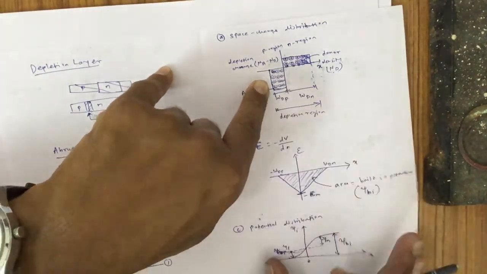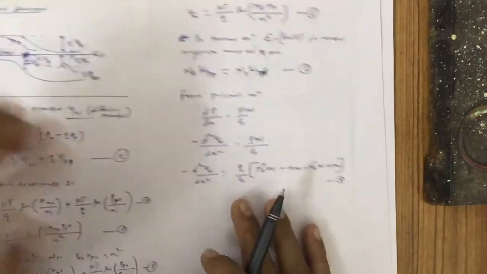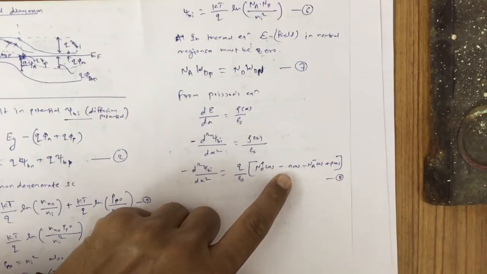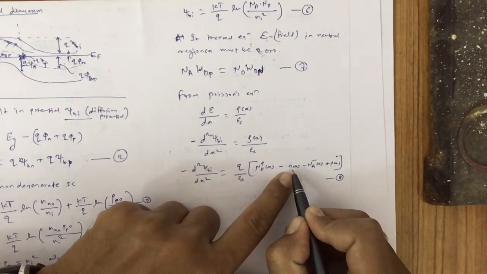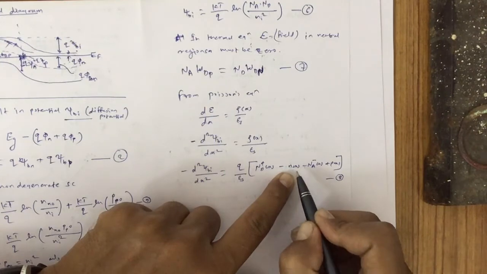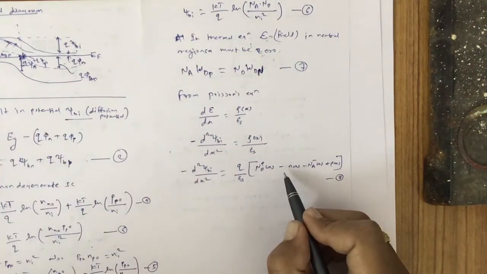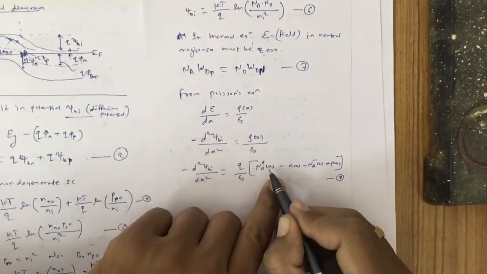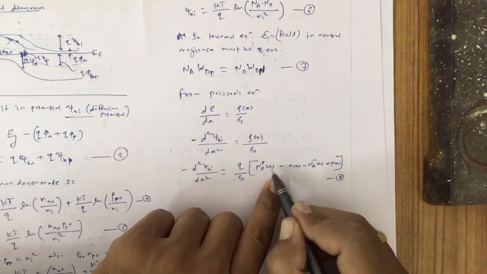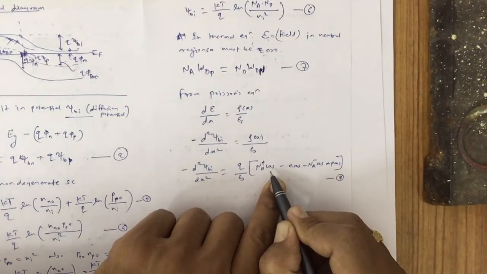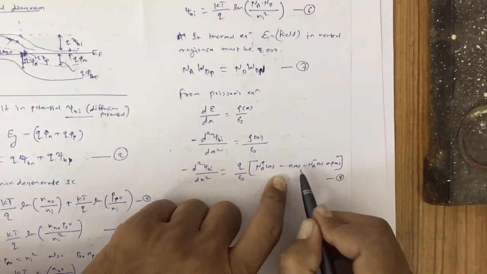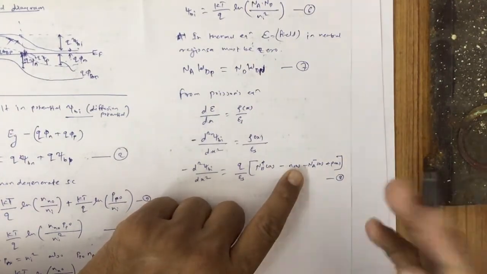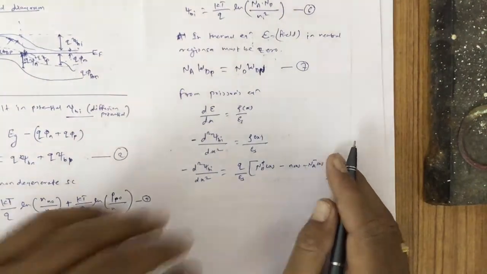Why have we made it a minus sign for p of x and n of x? Because the electrons present on this excessively doped donor impurities will get recombined, and whatever is the remaining amount of charge carriers per unit volume is just considered. Similarly here, that difference gives us the excessive charges.